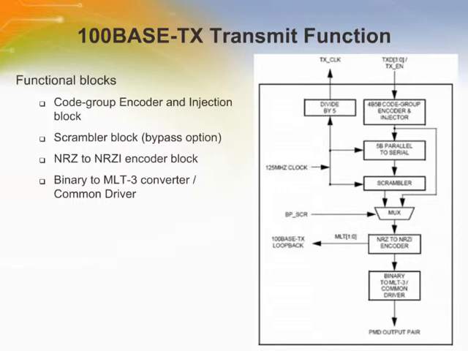The binary to MLT-3 conversion is accomplished by converting the serial binary data stream output from the NRZI encoder into two binary data streams with alternately phased logic 1 events.